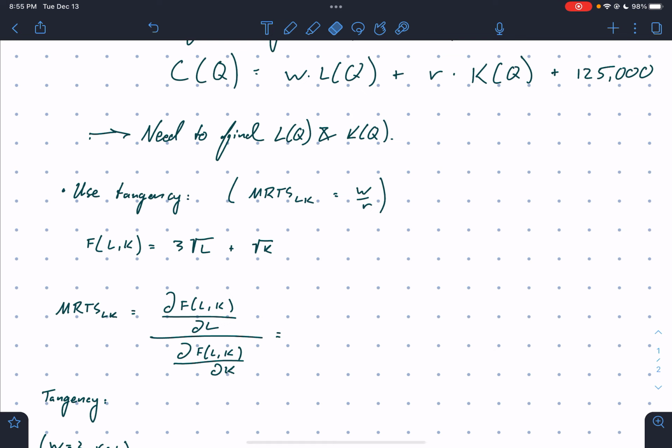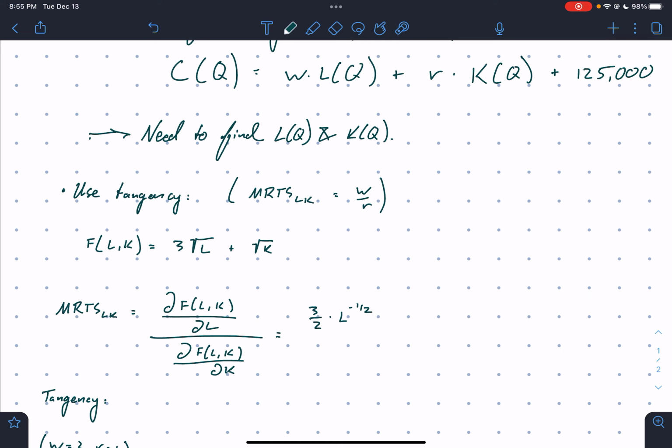So here, just to remind you, this is the production function. It's 3 times the square root of L plus the square root of K. So the MRTS, the marginal rate of technical substitution, is defined as the derivative of the production function with respect to L divided by the derivative of the production function with respect to K. So I'm going to compute these derivatives here, and I will get that this is going to be 3 over 2 times L to the negative 1/2.